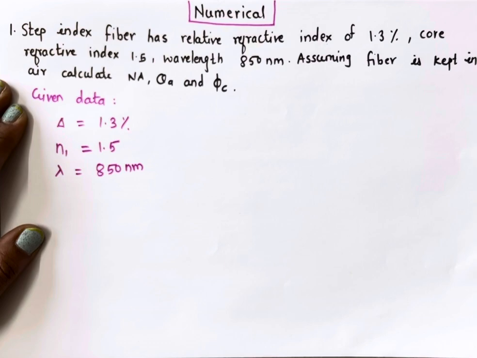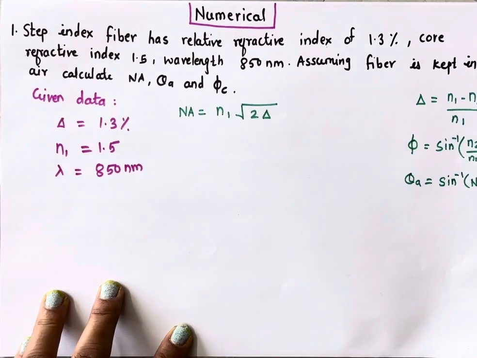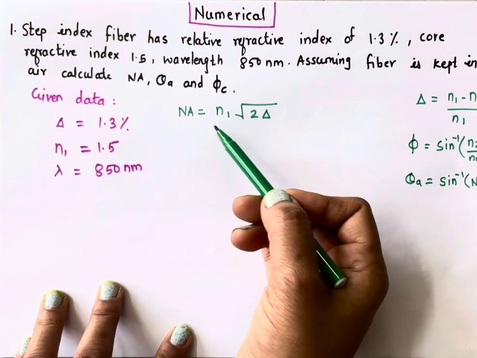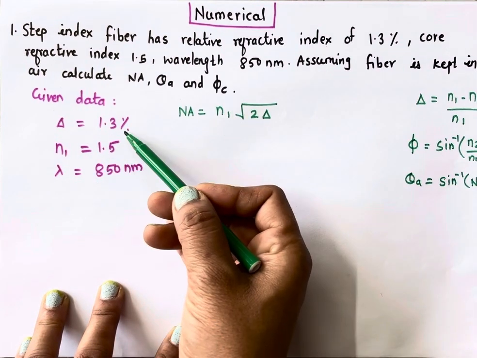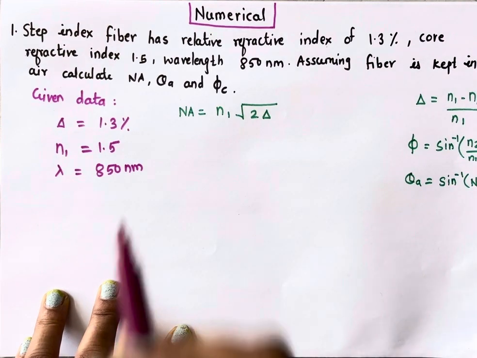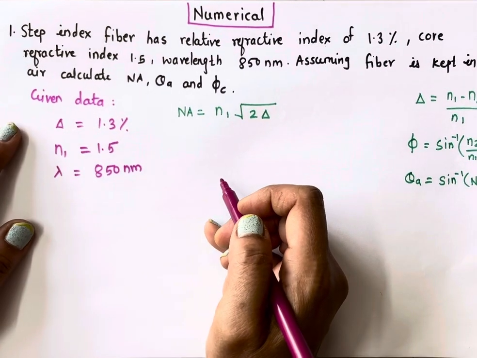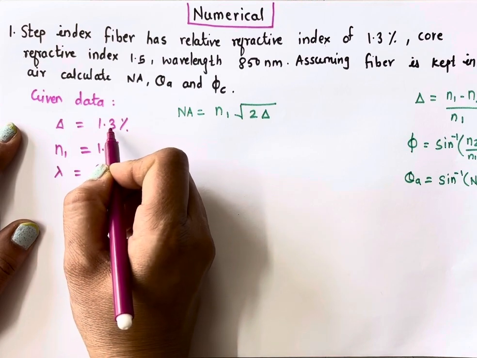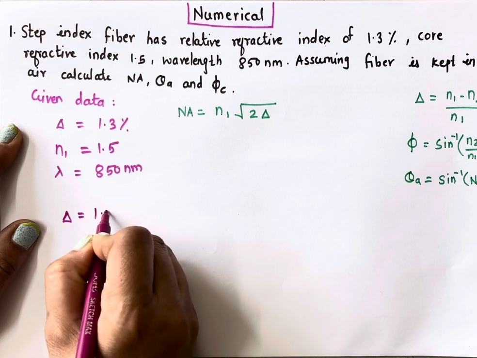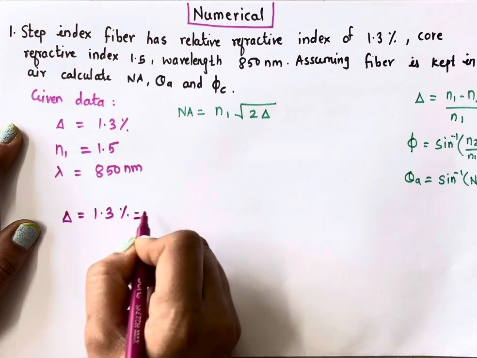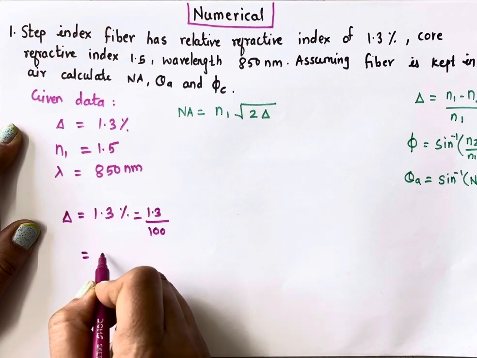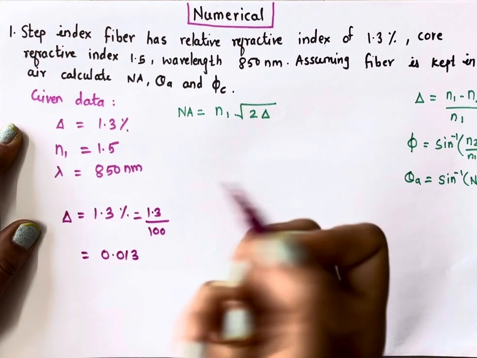Now let's revise the formulas. Given data is delta and n1. By putting these two values in the formula, we will be able to calculate our numerical aperture. First, delta is given as a percentage, so we will convert it. Delta is 1.3%, so it is 1.3 divided by 100, which becomes 0.013.